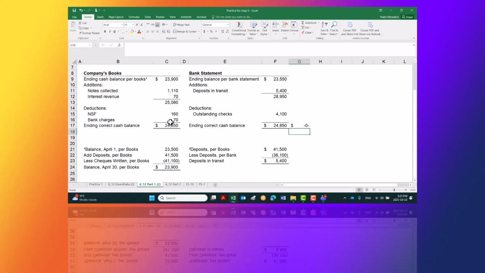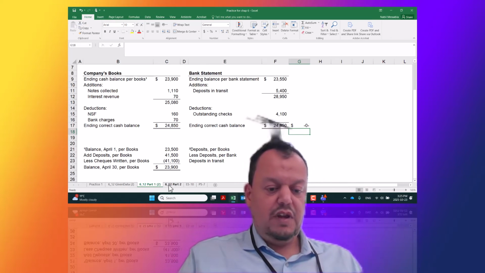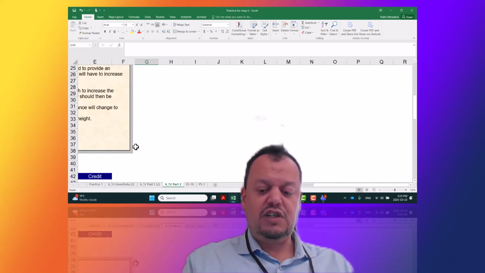All I can do is take note of what was missing, keep track of it for next time. That's it. There is no journal entry to do with regard to this. So all journal entries should be done here. So now next sheet.